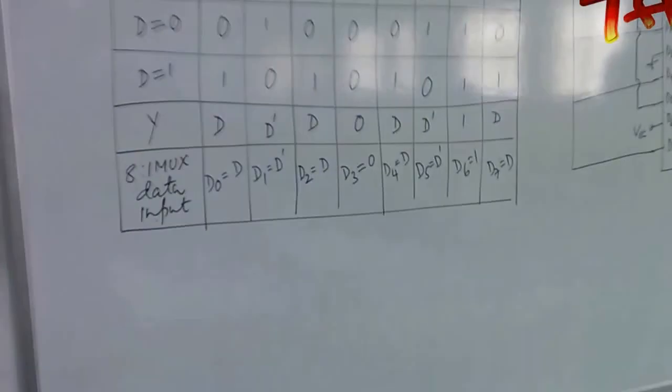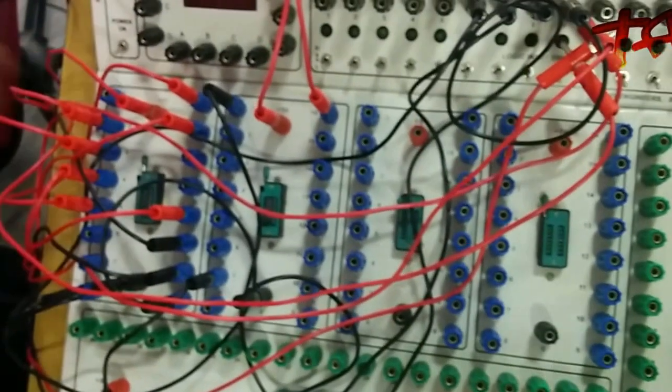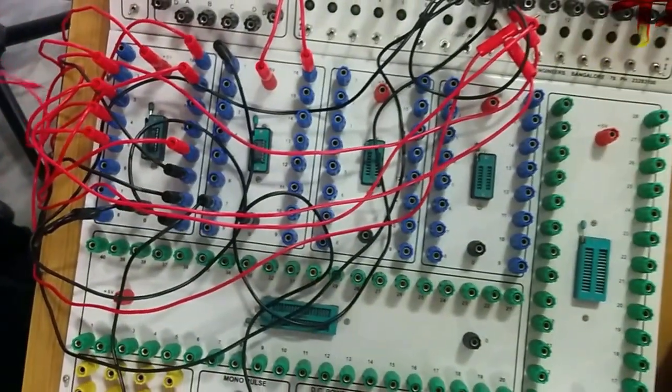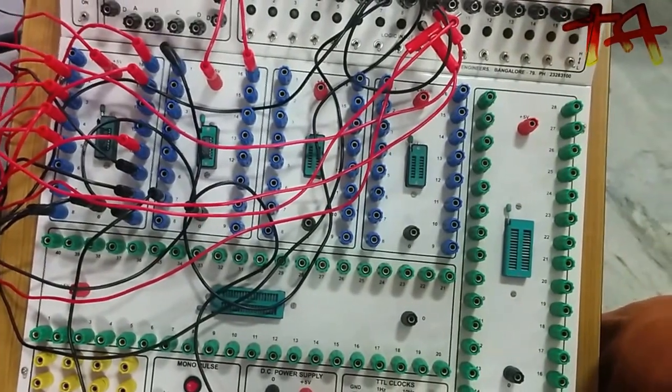Now I connect to D bar. First come to D1. What is the pin number for D1? Look at the pin diagram. D1 is pin 3, and it is D bar. You have to take care of that.